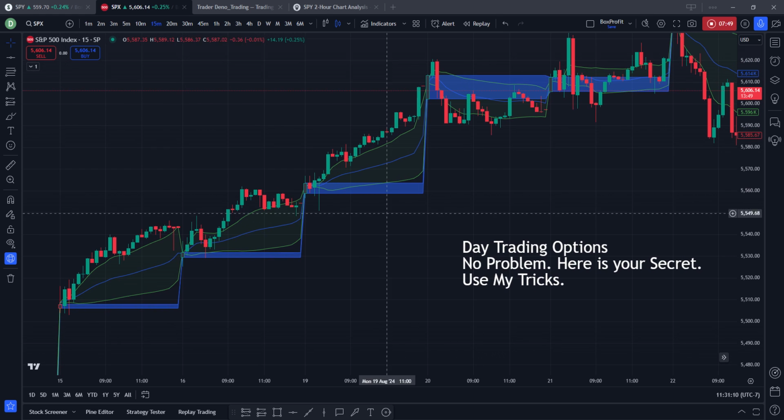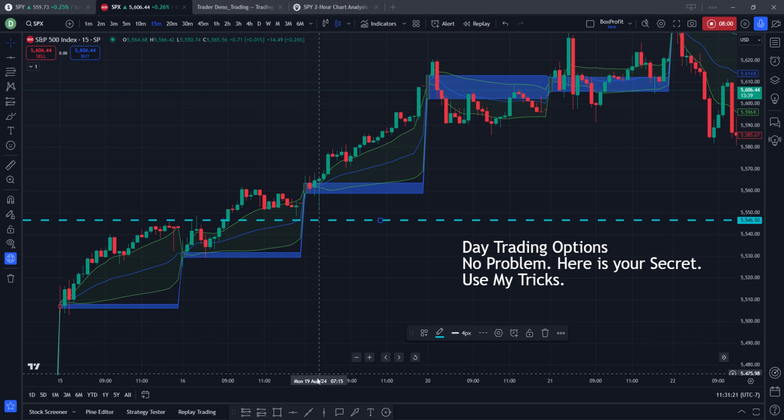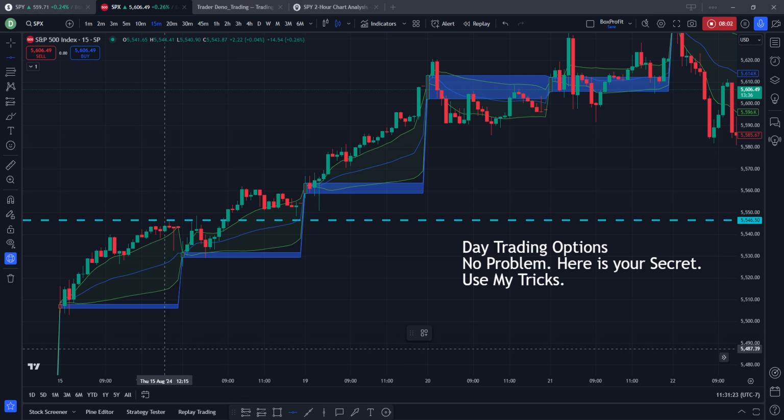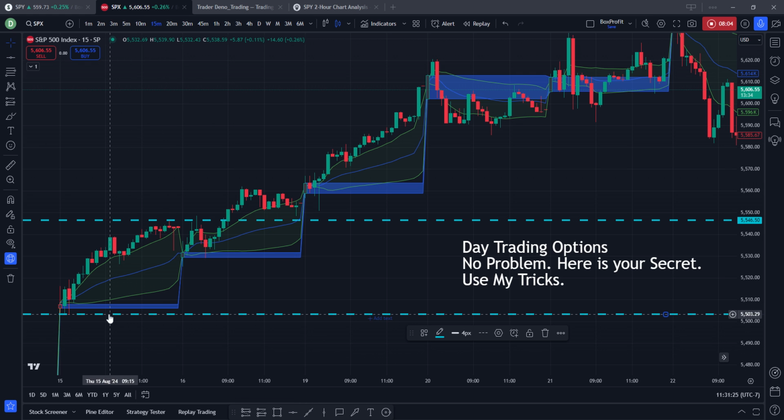But on days like this, I normally tend to draw out my previous day high, which is around this, and my previous day low, which is around that.